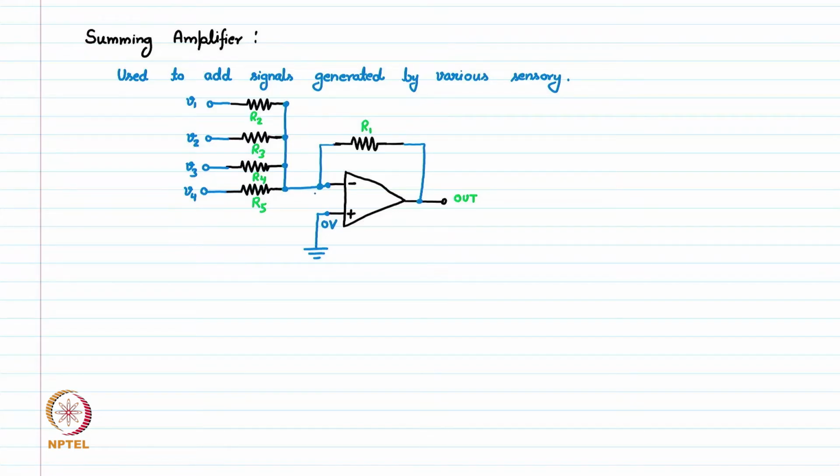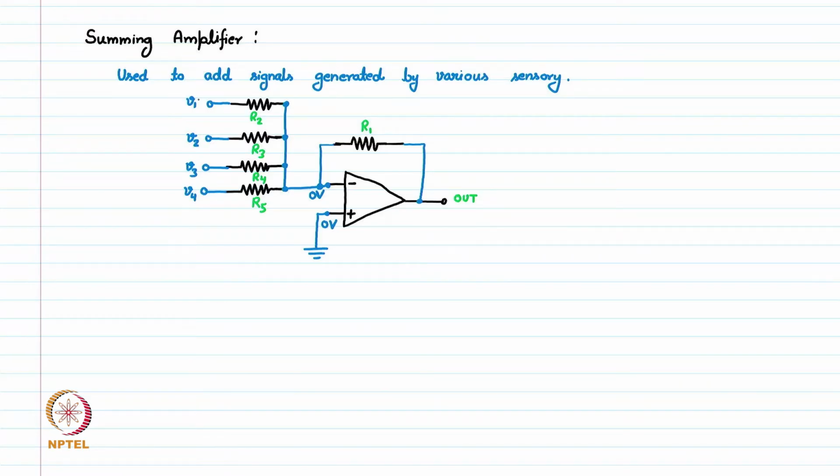It will be induced here. So this terminal is going to be 0 volt. And if this is 0 volt, whatever voltage we are applying, let's say at V1, which is the signal coming in, there will be a current from this V1 to this node which is at 0 volt.